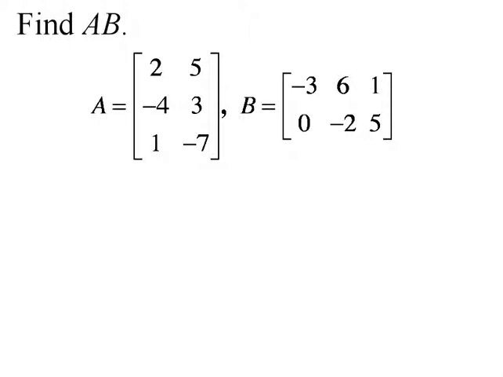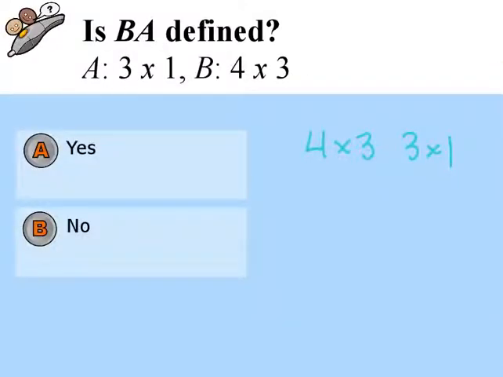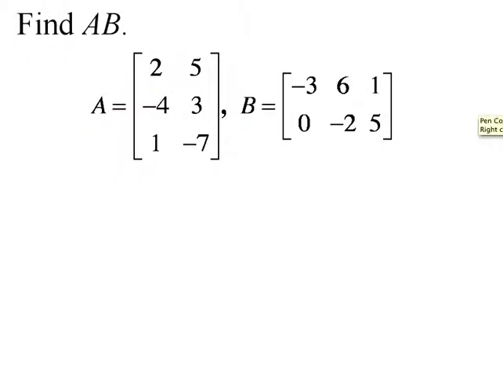Okay, so now we're actually going to get started. Let me see. No, I didn't skip one. So here we go. Find AB. Now I'm going to use some colors. So if some of you have pens and you want to color along, it might help a little bit. I don't know if you remember this from last year.